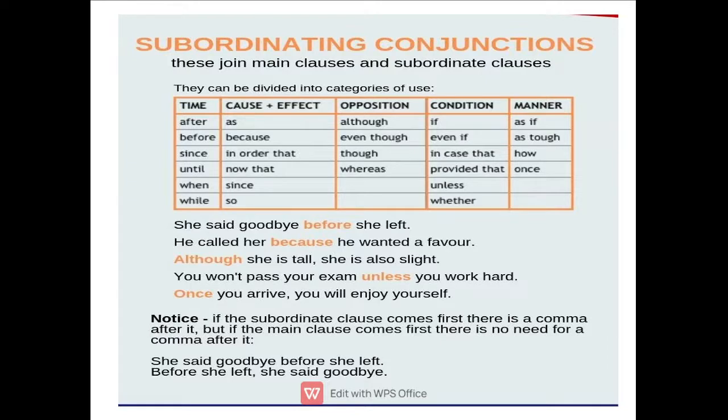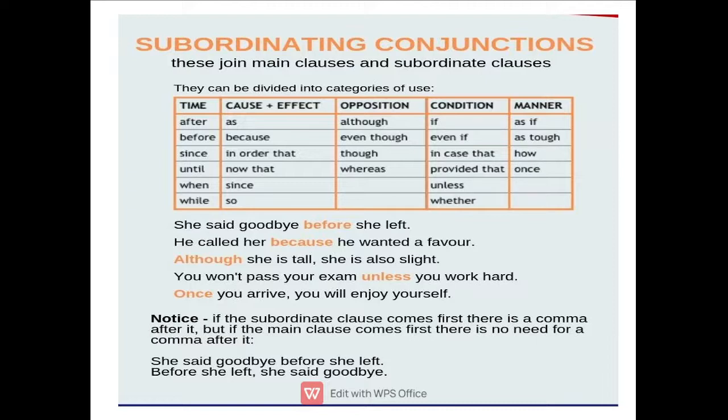Here you should understand that if we are using the subordinate clause first, then there will be a comma. That means if you are using your conjunction first in the sentence, you will use a comma before the next part of the sentence.